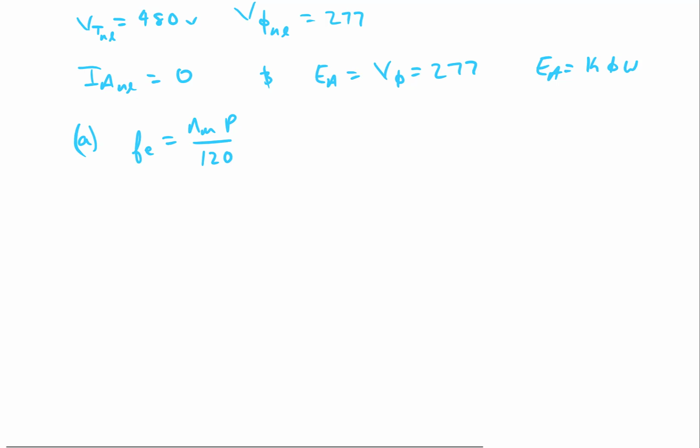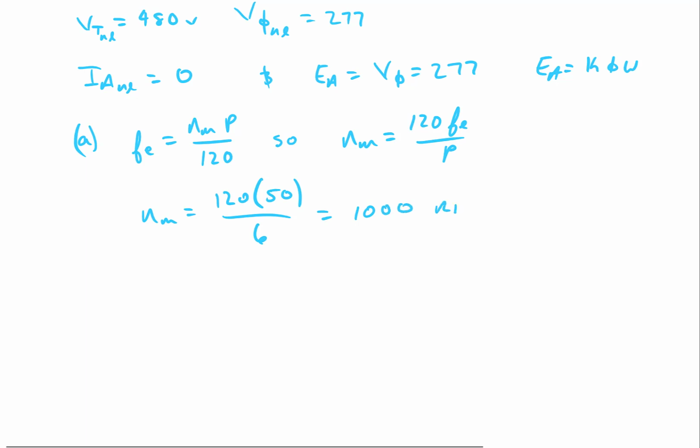We can solve this equation for Nm. So Nm is equal to 120 Fe over P, and of course we have all of these values given in the problem. So we have 120. The electrical frequency we were given as 50 hertz, and we were also told that it's a 6-pole machine. So the speed here is 1,000 RPM.